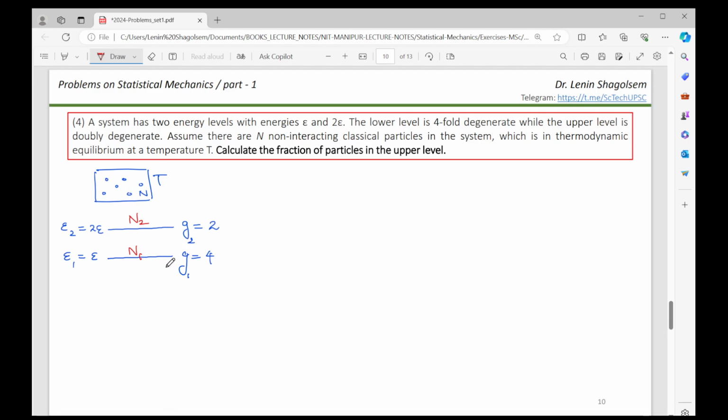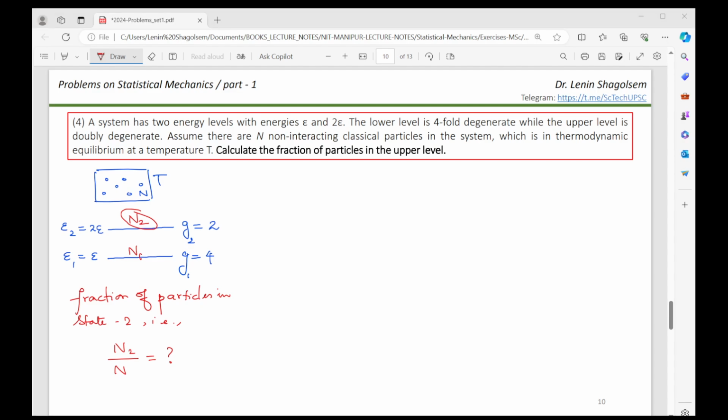So we have to find the fraction of particles in state 2, that is, we have to look at n2 divided by n, n being the total number of particles in the system. This is the fraction. So how do we proceed? That is the question.